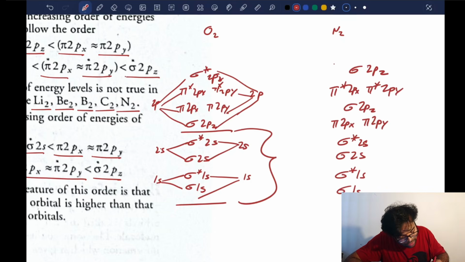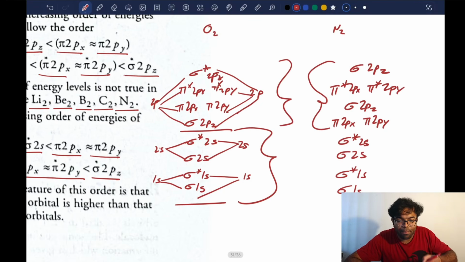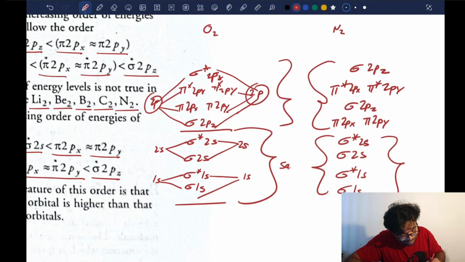Okay, so only this arrangement is different. You have sigma pi pi sigma for oxygen and fluorine, then you have pi sigma pi sigma in the case of the rest of the molecules of the second period. Understood? So only the 2p orbitals are going to change here, whereas the 1s and the 2s are exactly the same.